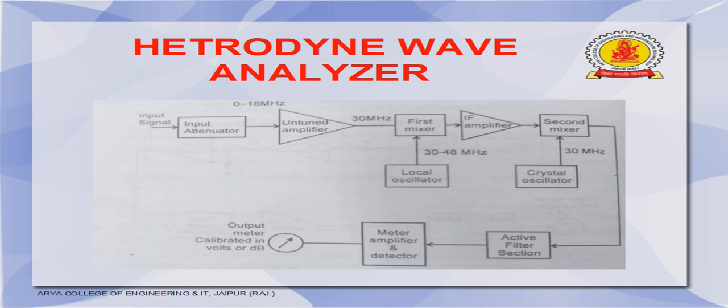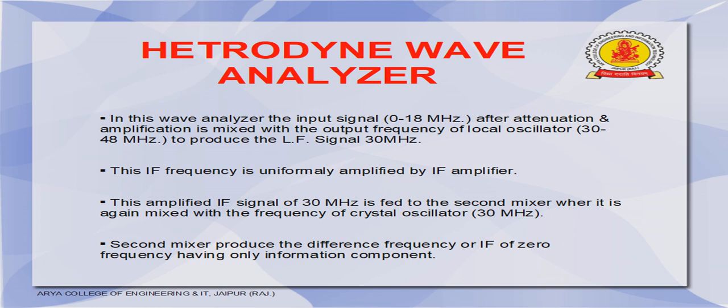Now we discuss how this wave analyzer works. The RF signal which is to be analyzed is applied to the input attenuator. If the signal amplitude is too large, it can be attenuated by the input attenuator.